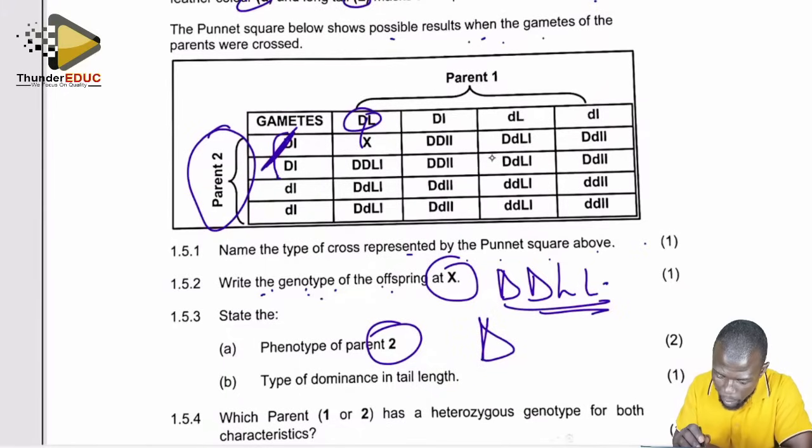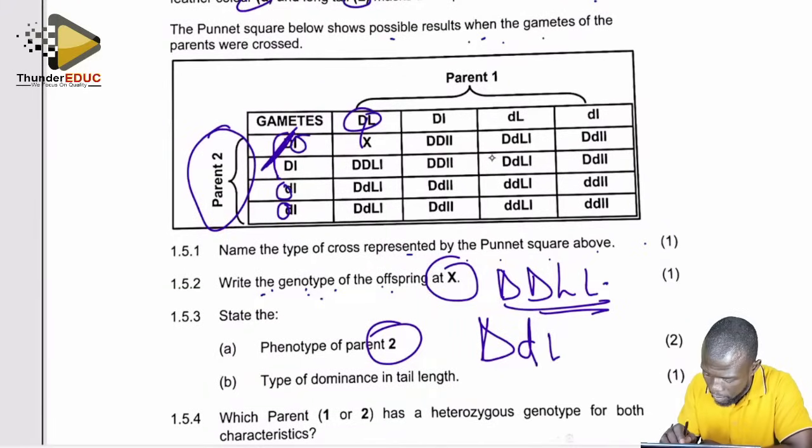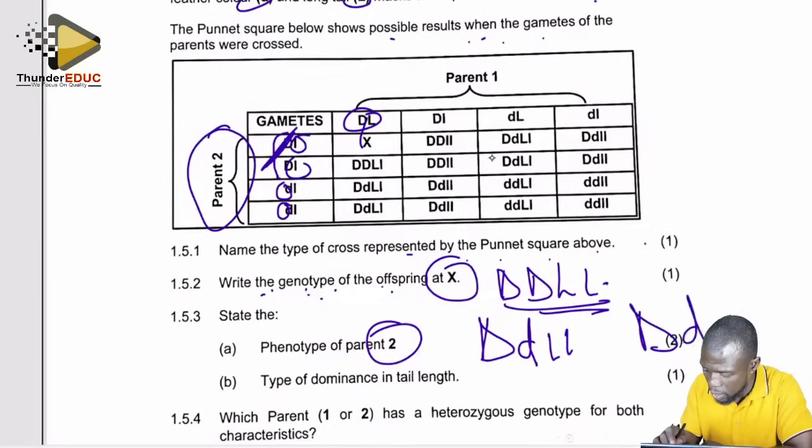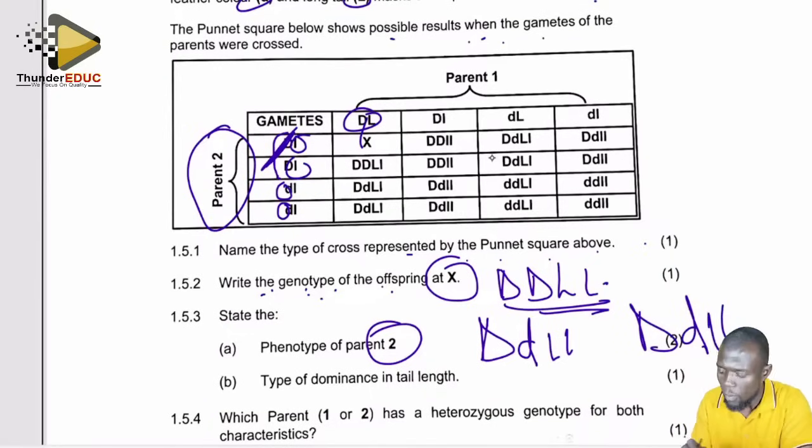Do I have any small d? Yes, I have a small d. You see? So small d. And then small l, and even this is small l, even this is small l. So it means that it is capital D, small l, small l. Yes. So this is the genotype.